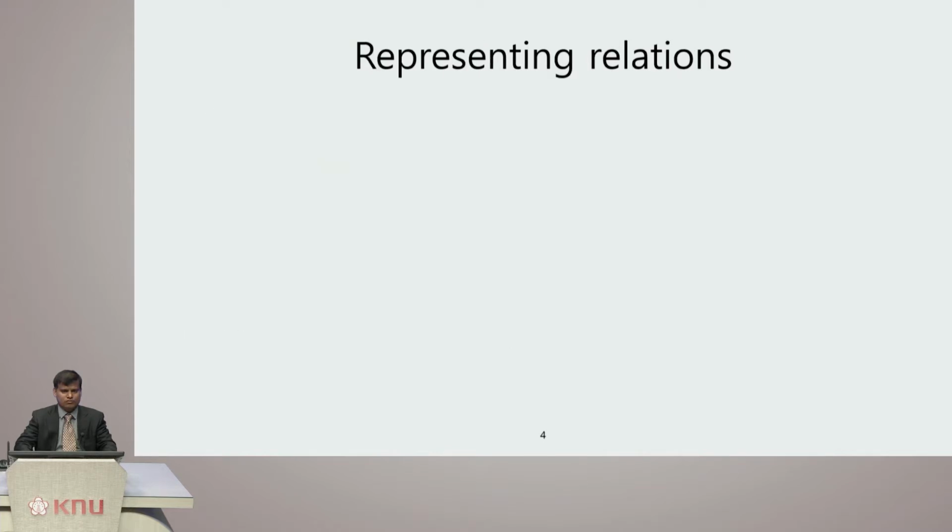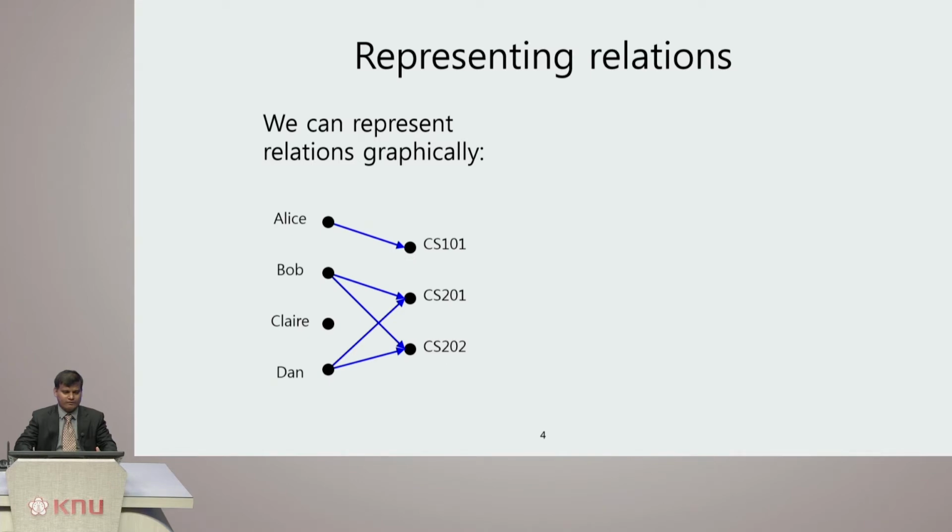Let's talk about some representations, how it can be done. For example, Alice is taking the course CS 101, so they have a relationship, Alice and the course. Bob is taking two courses, CS 201 and CS 202. Likewise, Dan is as well.